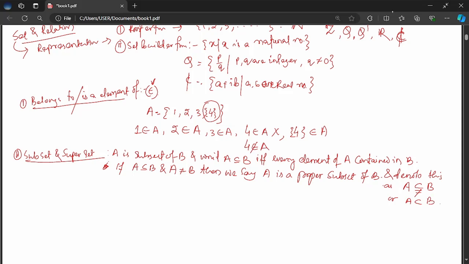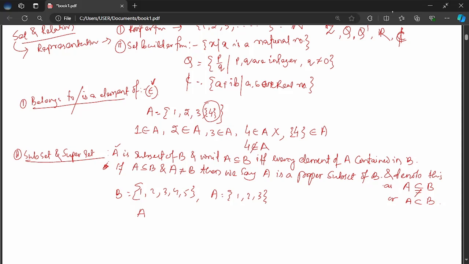So, what is a subset? A is a subset of B if every element of A is an element of B. Suppose B has elements 1, 2, 3, 4, 5 and A has elements 1, 2, 3. Every element of A is contained in B and A is not equal to B. Two sets are equal if every element of both sets is equal.